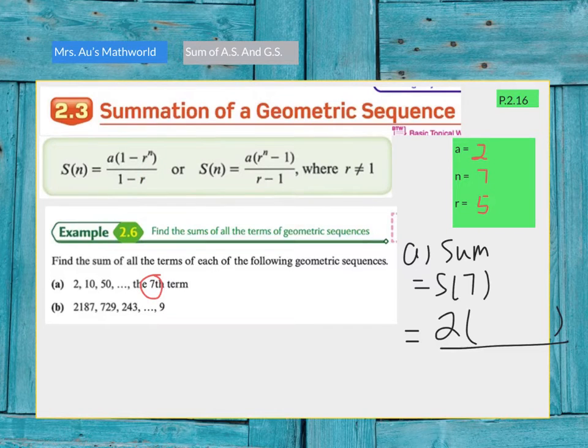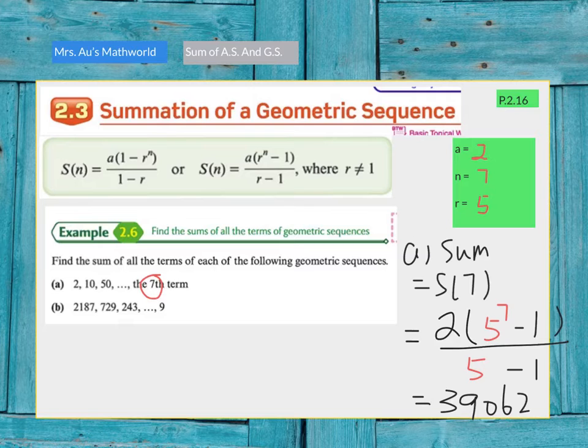So this time I will choose R minus 1, R to the power n, and then minus 1. Okay, so this is a very important thing to remember. And then you get the answer as shown here.